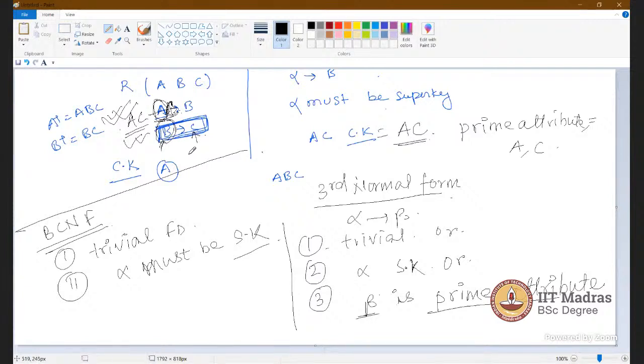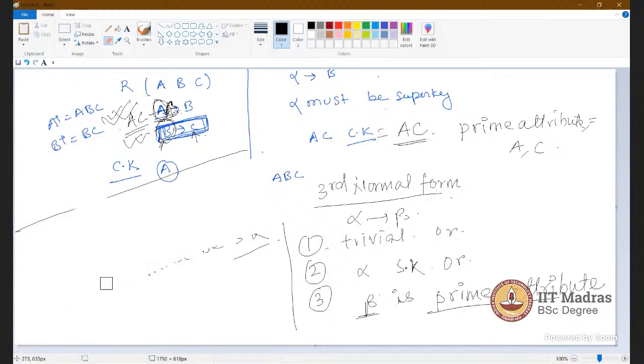So actually we are taking the wrong example. That's why it is very difficult to decompose. But I will tell you how to decompose that particular one. So here it comes, how to decompose into BCNF, right? This is the formula for the BCNF.